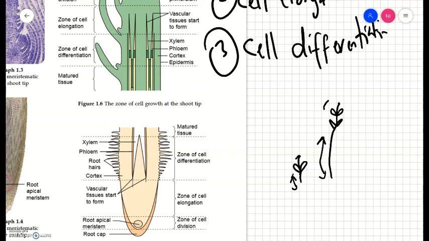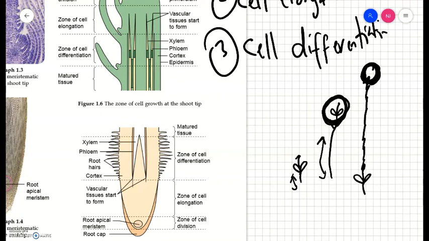Maksudnya yang ini yang saya bulatkan ni, the tip of the roots, the tip of the shoot, pucuk kan. Contohlah starting dari kecil macam ni, small young plants, nanti dia akan bertambah. Bila bertambah, the division atau pertambahan tu sentiasa berlaku at the tips of the shoot, di hujung pucuk.